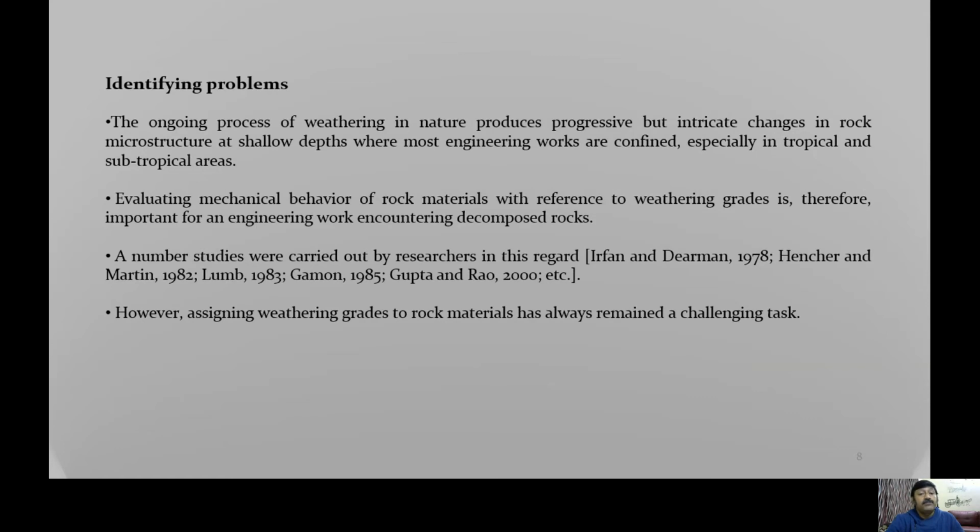Evaluating the mechanical behavior of rock materials with reference to weathering grades is therefore important for engineering work encountering decomposed rocks. A number of studies have been carried out by several researchers in this regard, and here are some examples to name a few. However, assigning weathering grades to rock materials has always remained a challenging task.